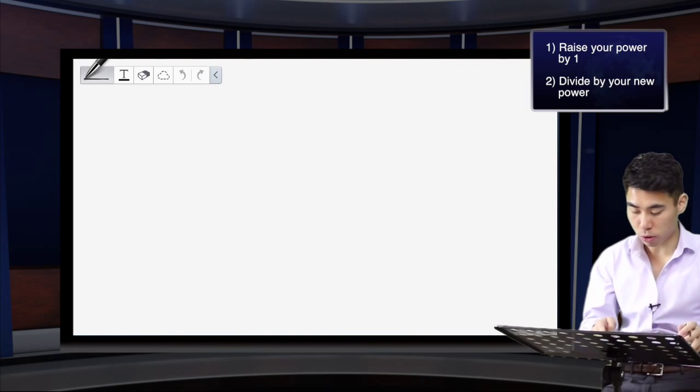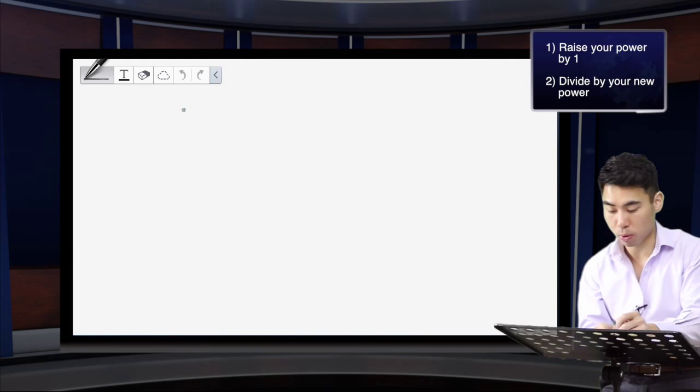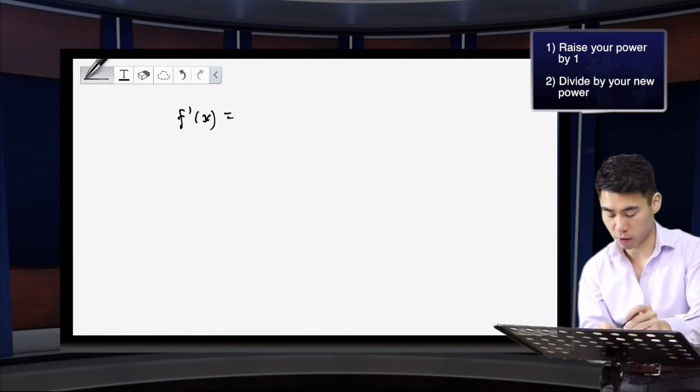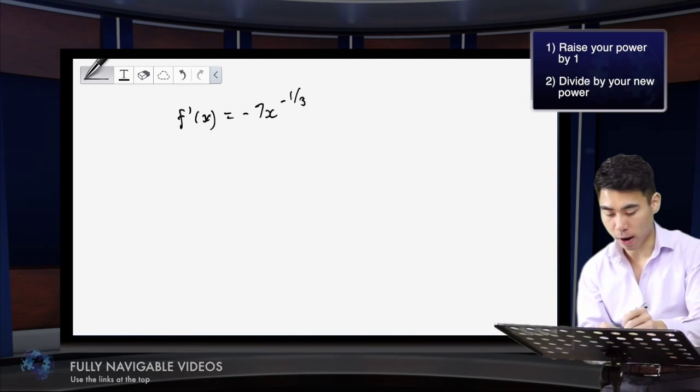A couple more examples. This one is going to be a fractional example. Let's use our f dash of x notation here just to mix things up a bit. Just remember this is our first derivative, as with the previous example, and in this case the first derivative we're going to be looking at is minus 7x to the minus 1/3.